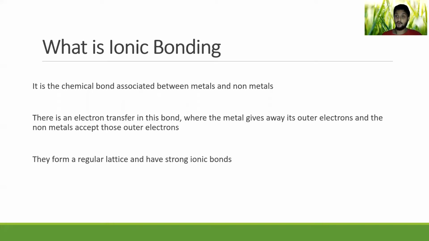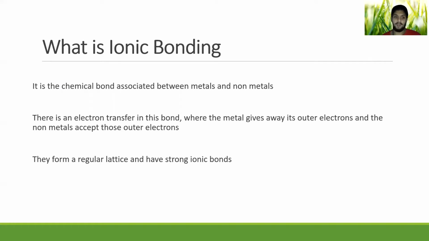For example, metals give away their outer shell electrons, whereas the non-metal accepts those electrons into its outermost shell. Basically, the metal is an electron donor, and the non-metal is an electron acceptor.